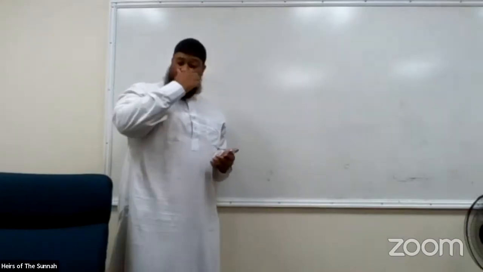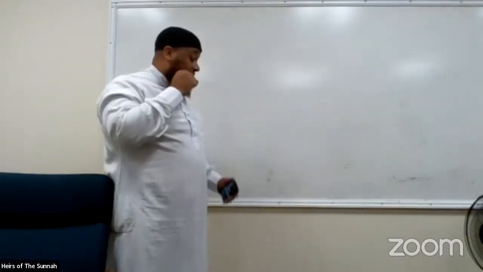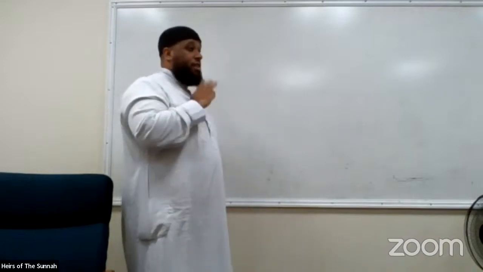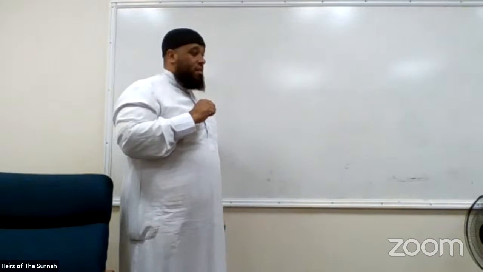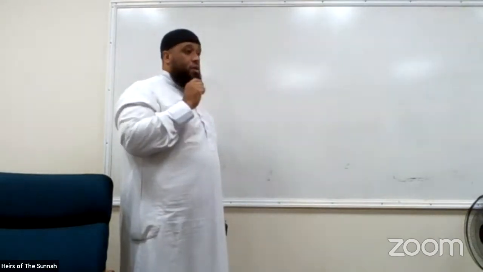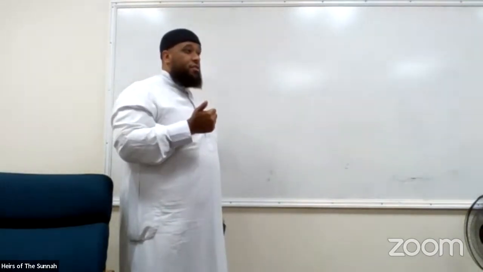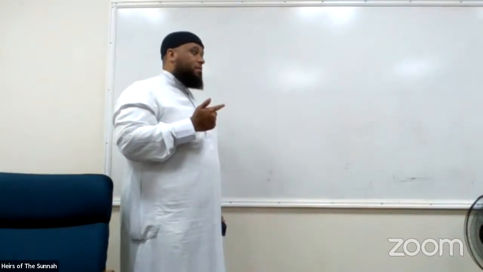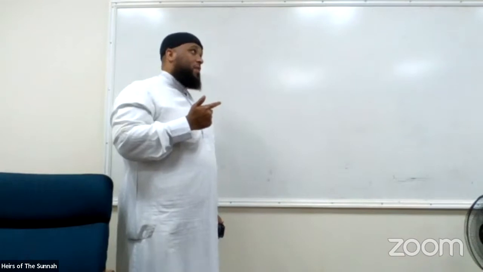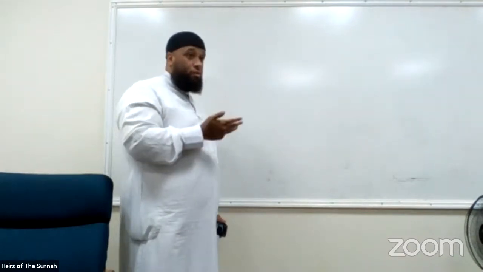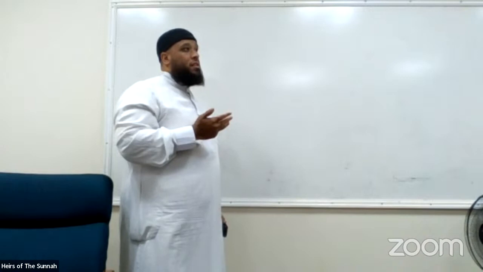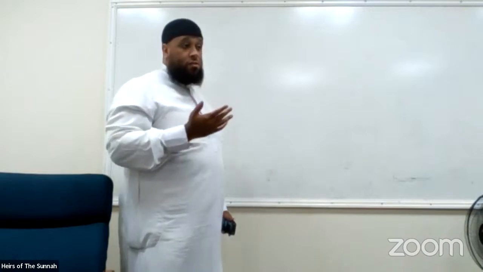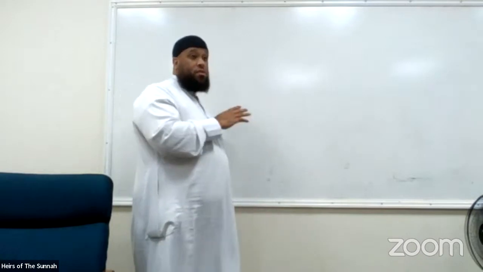All right, today we're going to go over the divisions of a language. Languages come in three types. We have languages that are spoken and written, like English, French, Arabic, Hebrew, and Spanish.